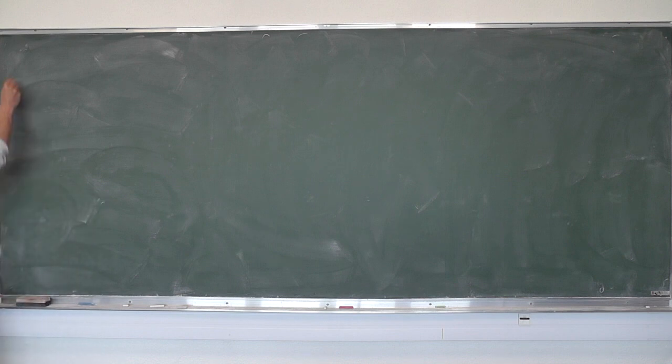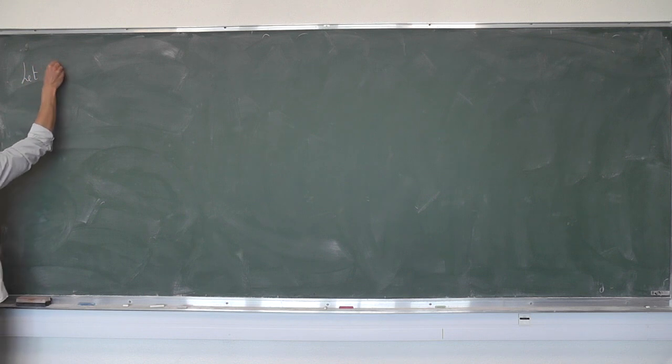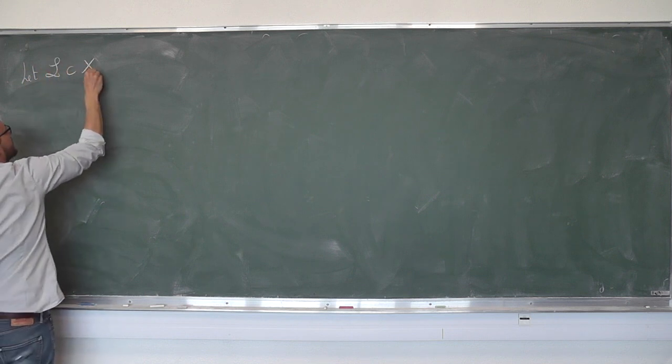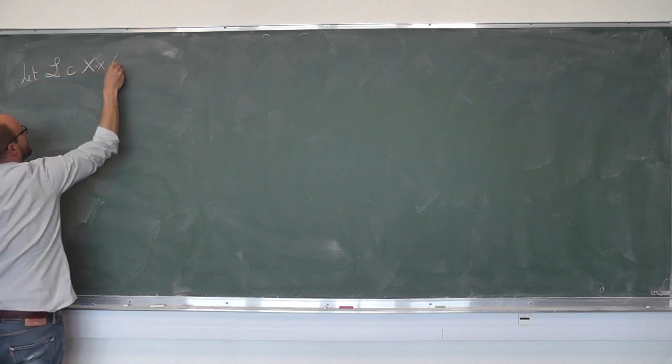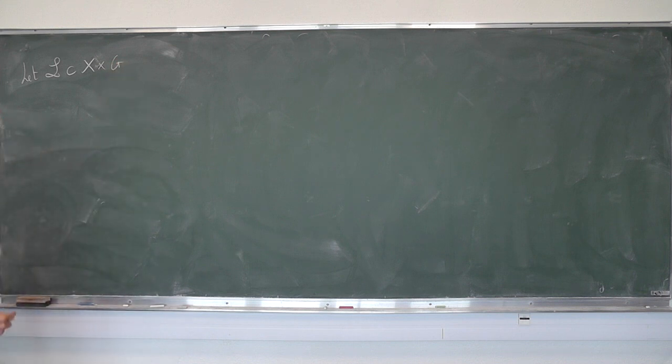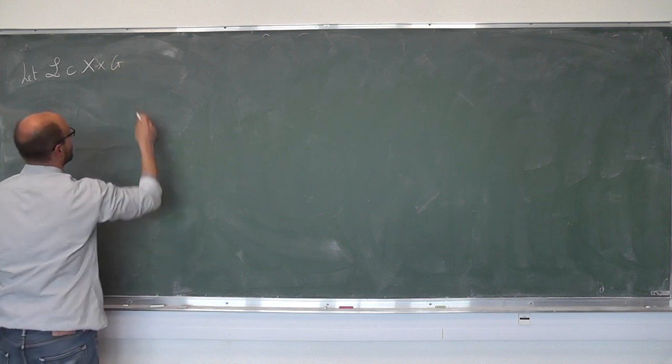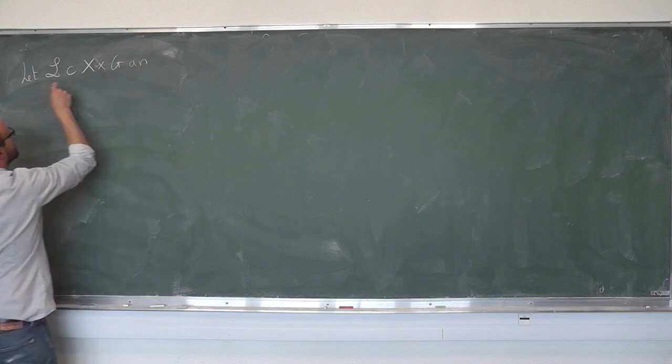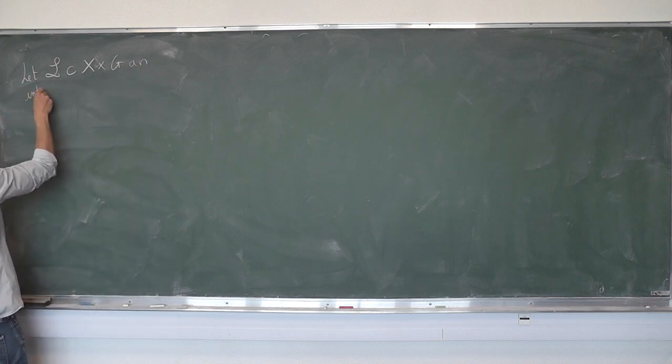So now let L, which is X cross G, be what I will call a leaf, an integral leaf. And what does it mean?